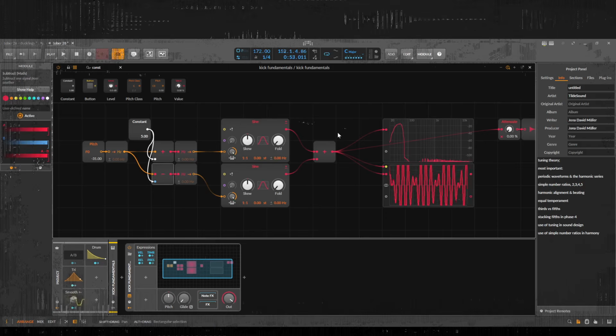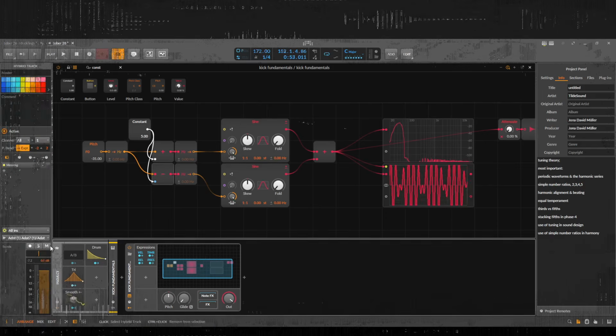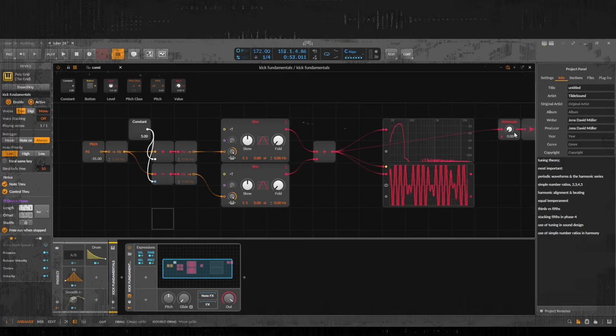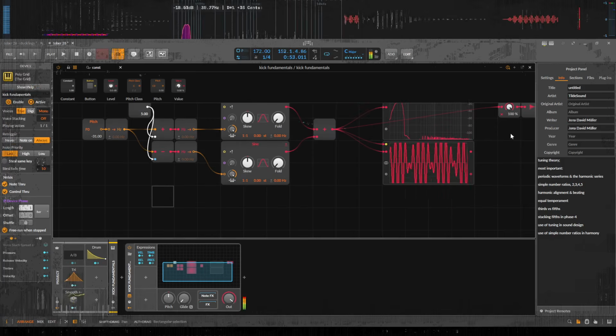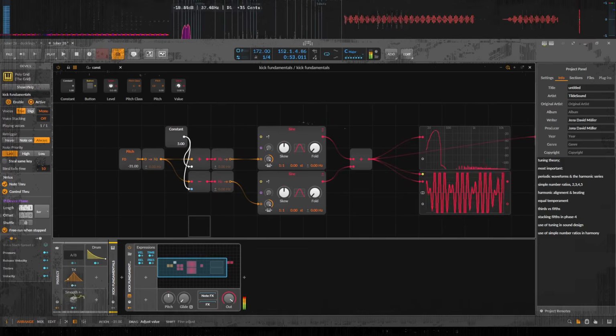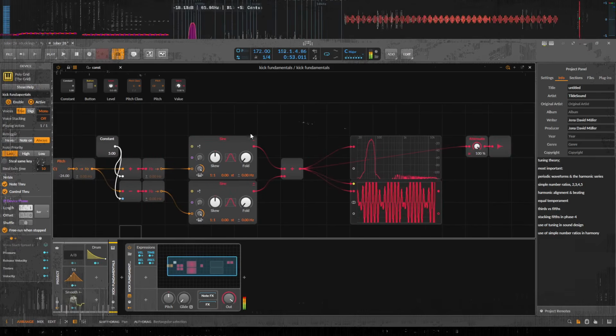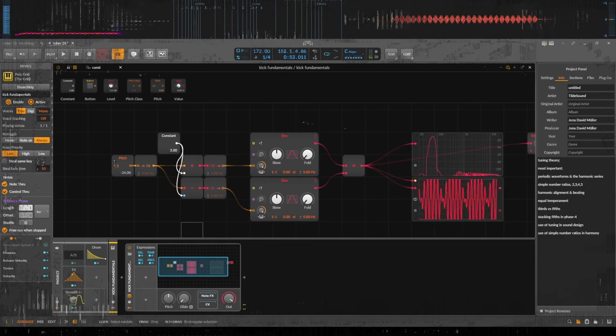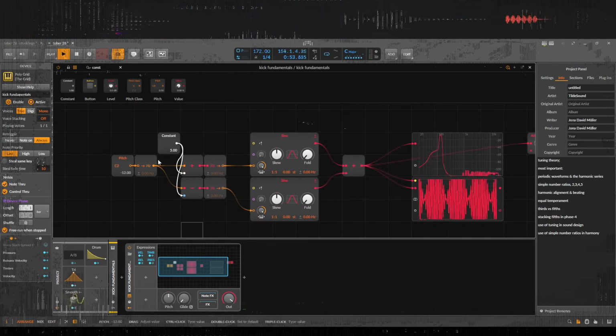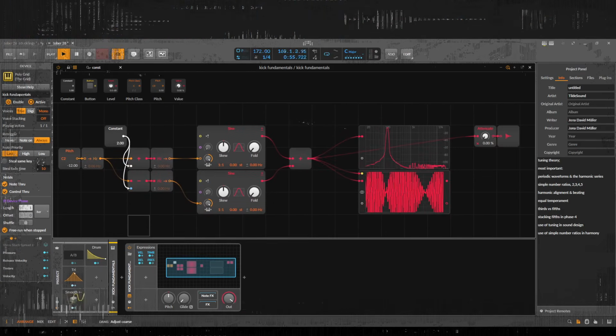So this is in the subs right now, so you obviously can only hear this on nice headphones or speakers. So let's maybe move up in pitch a little bit, but that'll make it harder to hear. So basically, adding waves that are very close to each other is basically the same as a tremolo.